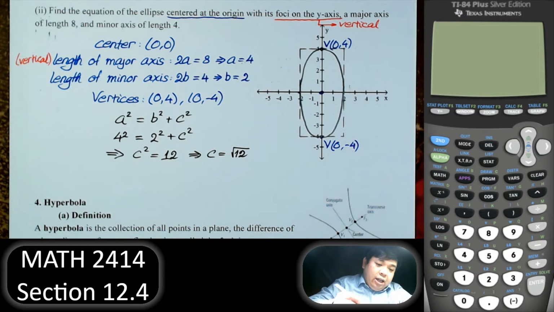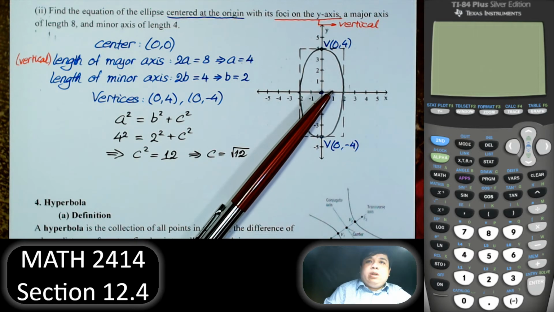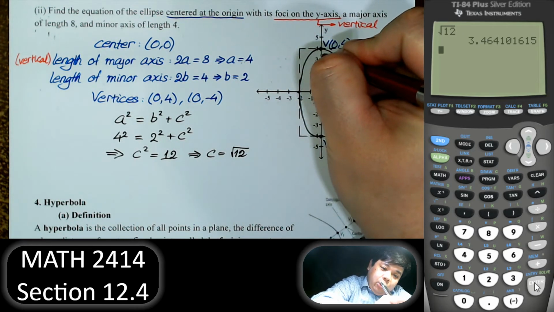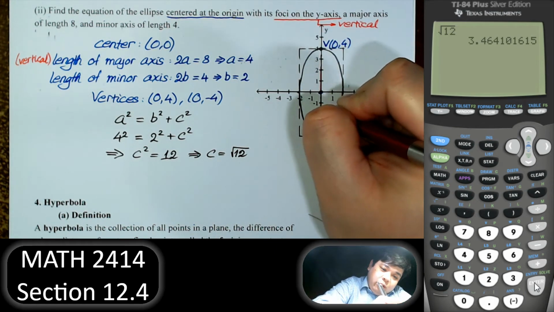Meaning that if we want to find the focus, it will be square root of 12 up, plus square root of 12 down. Square root of 12 is about 3 point something, right? 3.45. So here we go, square root of 12 up and square root of 12 down.